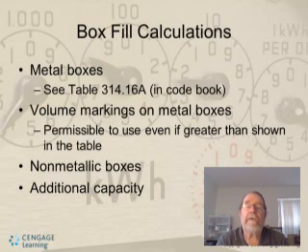The table is usually a little more conservative in the number of conductors that are allowable, but if the box has the cubic inch size permanently marked by the manufacturer, then you can use that number for figuring out your calculations. And non-metallic boxes and additional capacity. These are what you're going to use for your calculations.